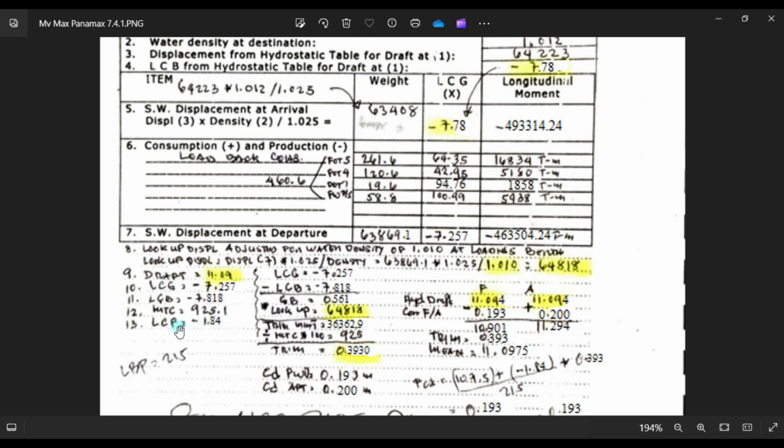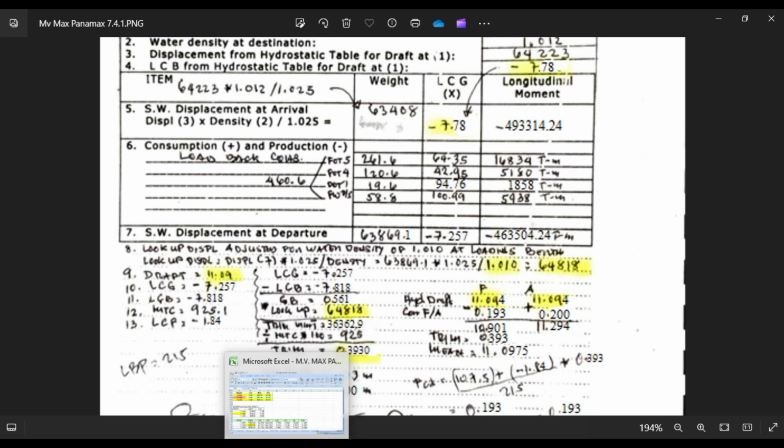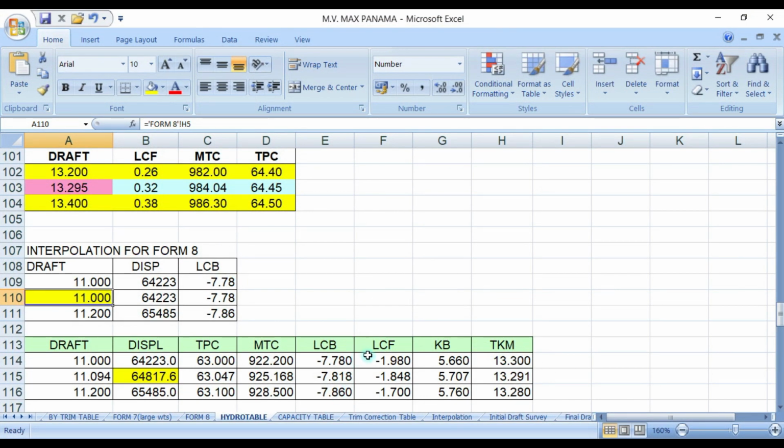Okay, then your LCF will be negative 1.848. Okay.